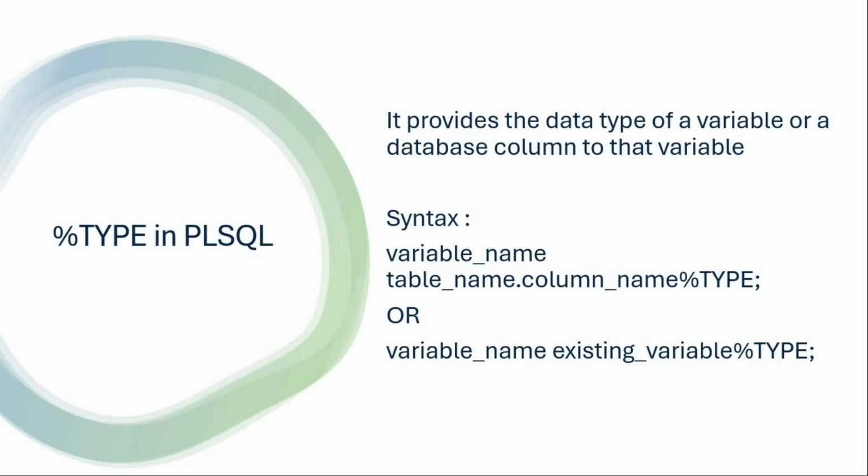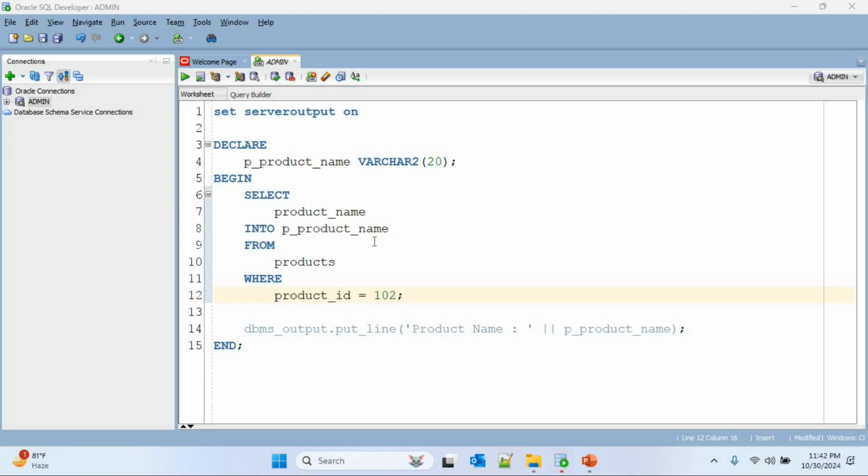If you see the syntax, while declaring the variable, instead of declaring the data type like number or varchar2, we are using the table name dot column name percent type to refer to the data type of that particular column. Or we can use the data type of some other variable, then we have to use the existing variable percent type here.